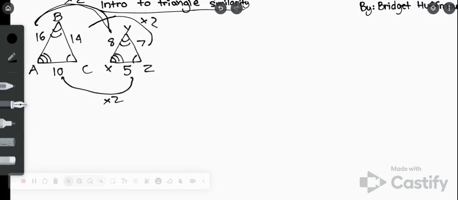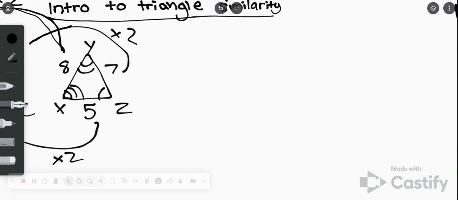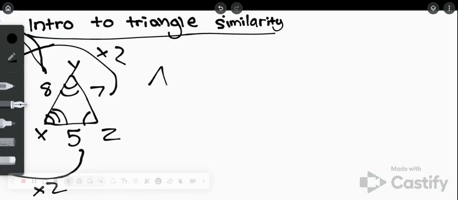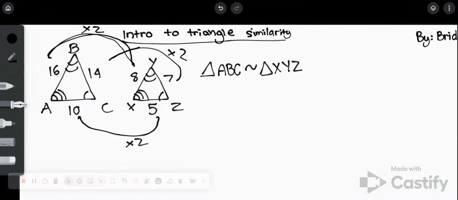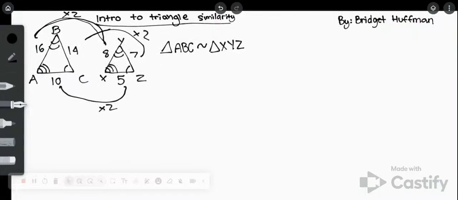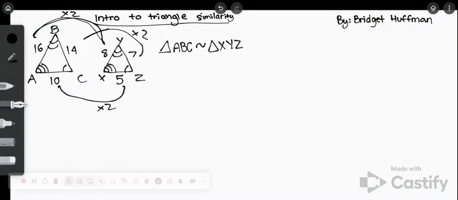The way that we can write that these triangles are similar is by simply writing triangle A, B, C is similar to triangle X, Y, Z. Now we want to think of similar triangles as just a blown up or scaled version.